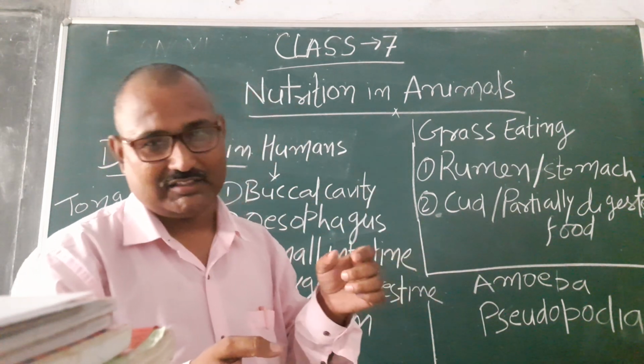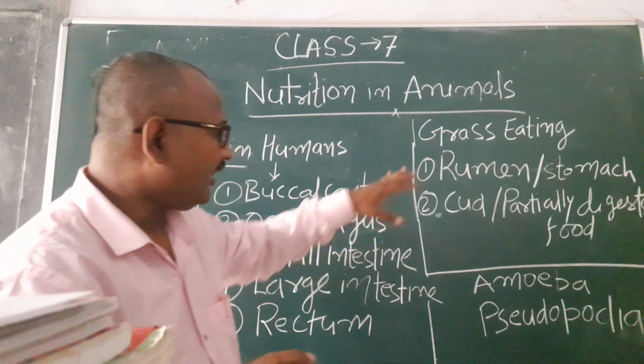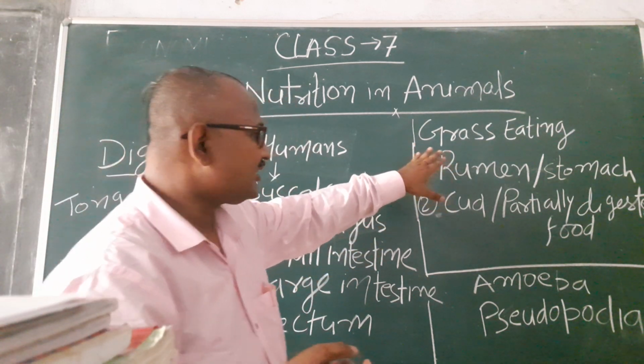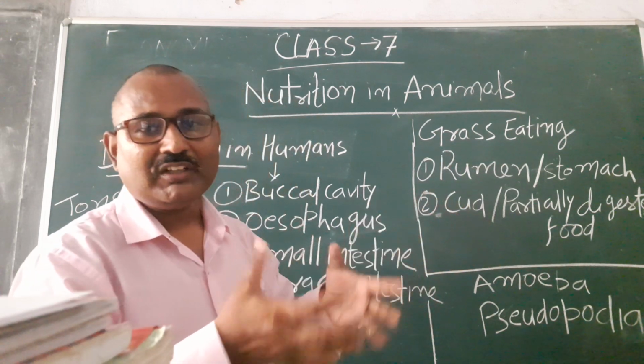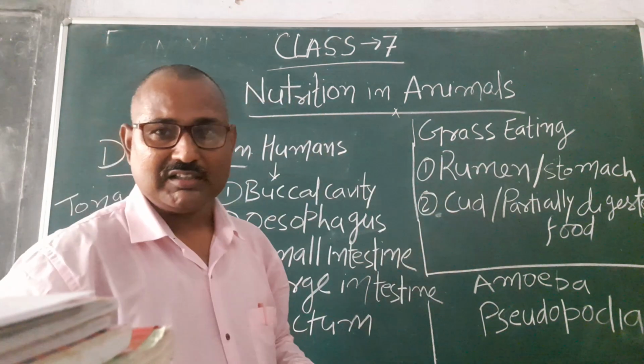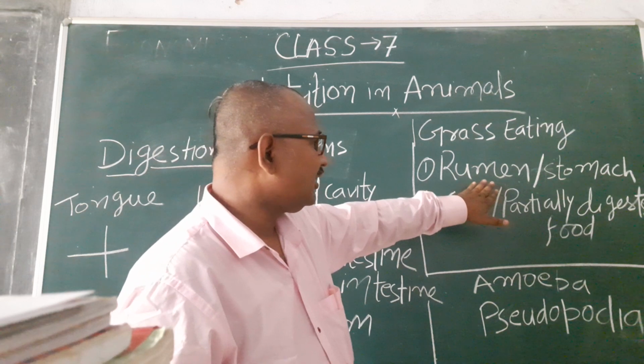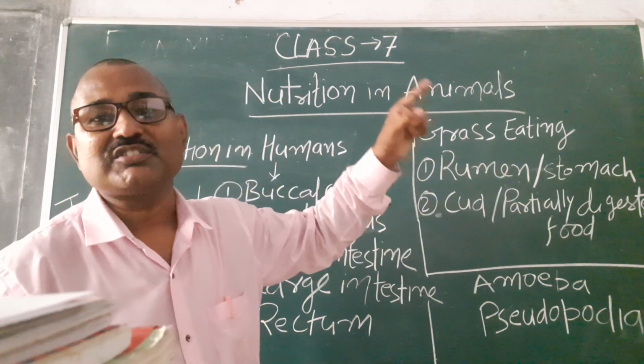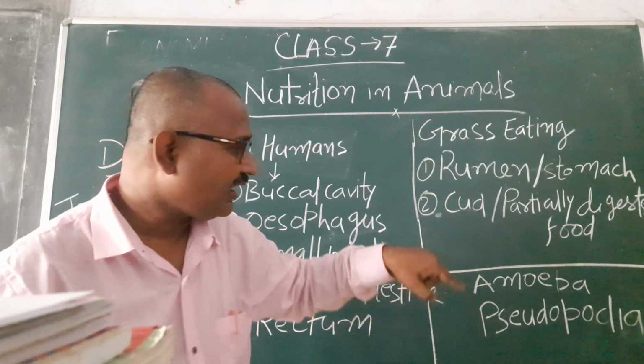This is the chewing process. Grass-eating animals take the food and put it in their stomach, called the rumen, and the process is called rumination, right?